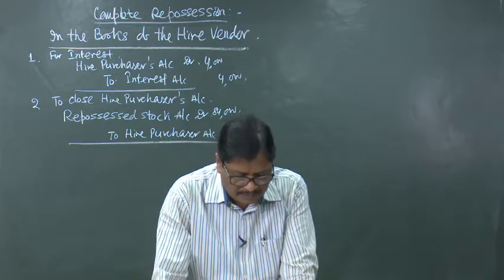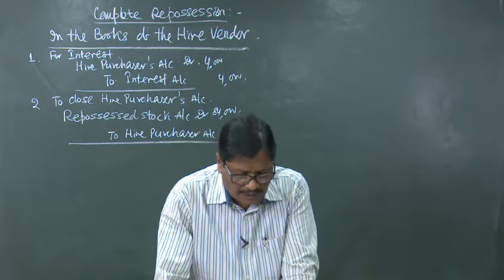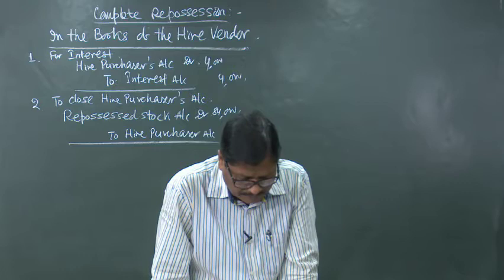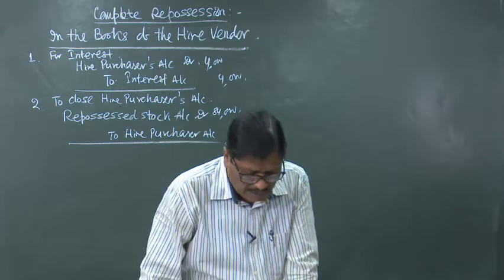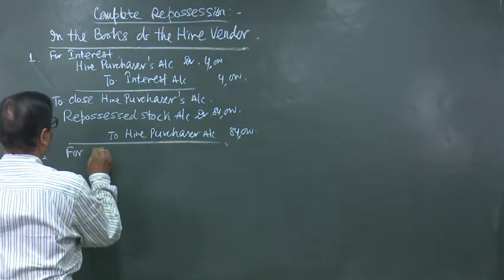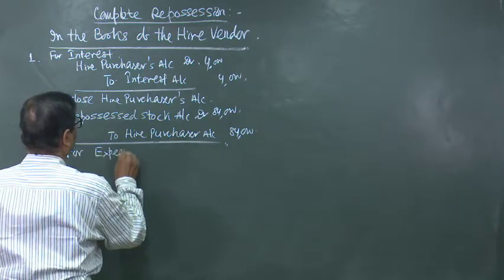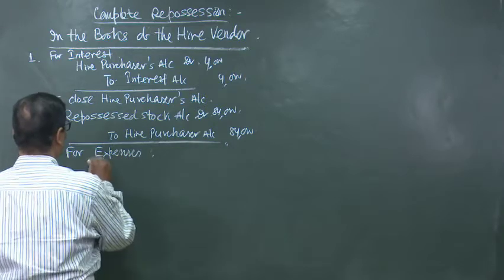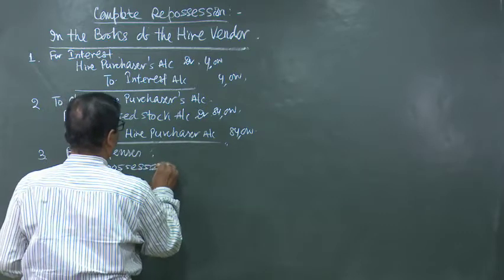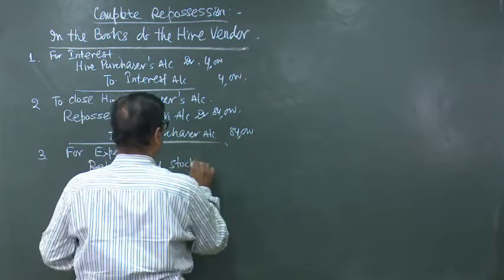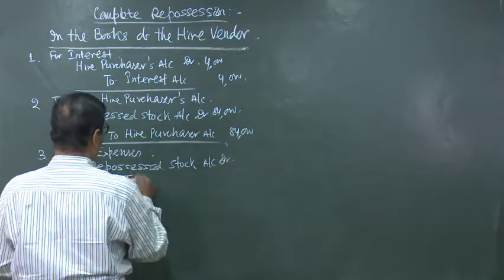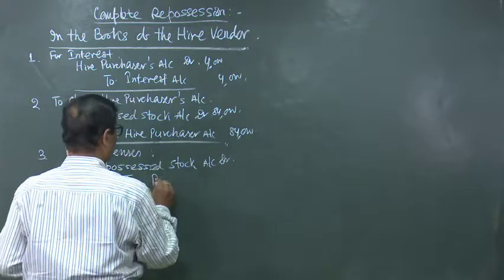The entry will be for the expenses: repossessed stock account debited to bank account.